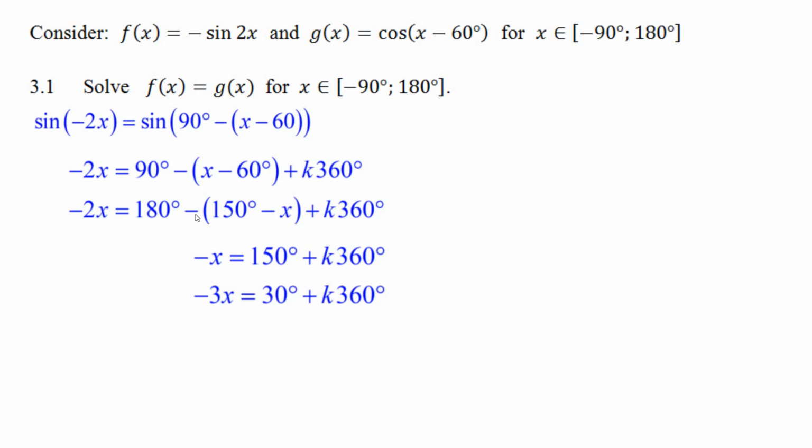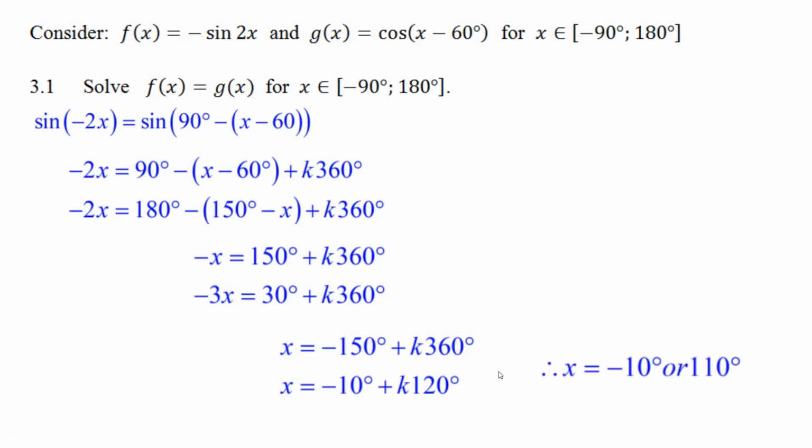But the other one, that's going to be plus x. And then when you subtract x from both sides, you're going to get minus 3x. And when you divide by negative 30, you're going to get minus 10 degrees. And we have to divide everything by 3, so it's going to turn into 120. And I've left out k as an element of the integers, because that's your general solution.